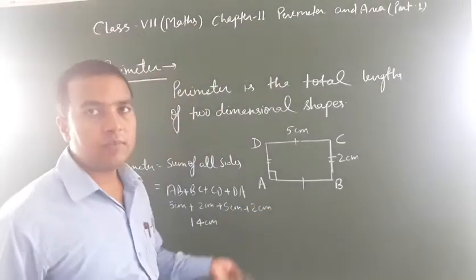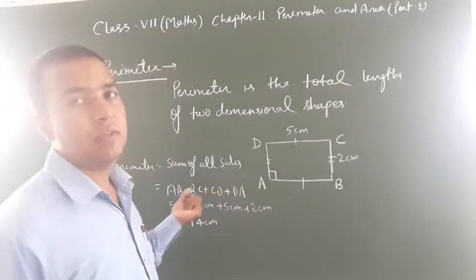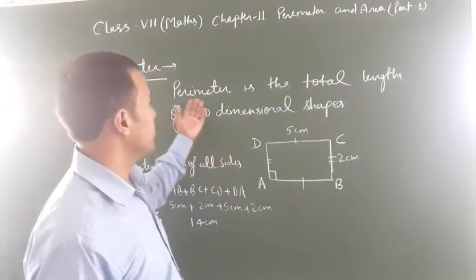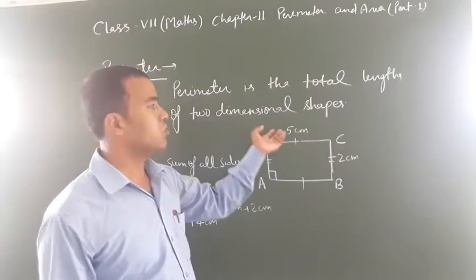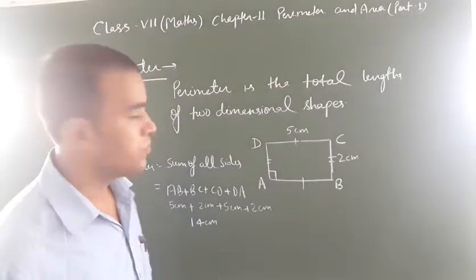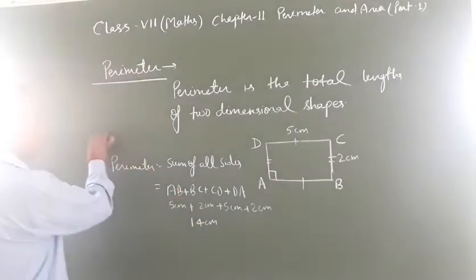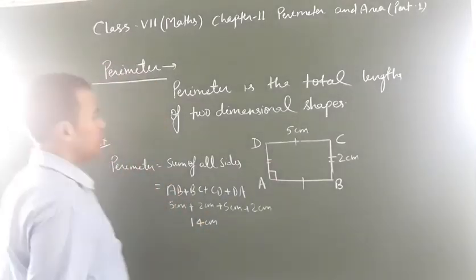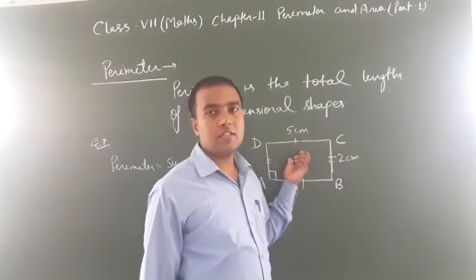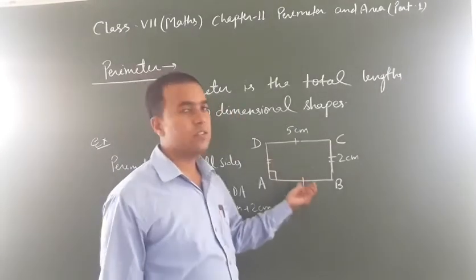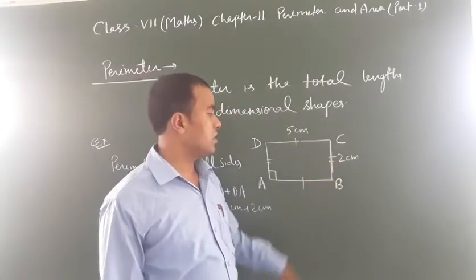Understand? Once again I am telling you what is perimeter. Perimeter is the total length of the sides of a two-dimensional shape. Example: one rectangle is given, with two sides DC and BC given.